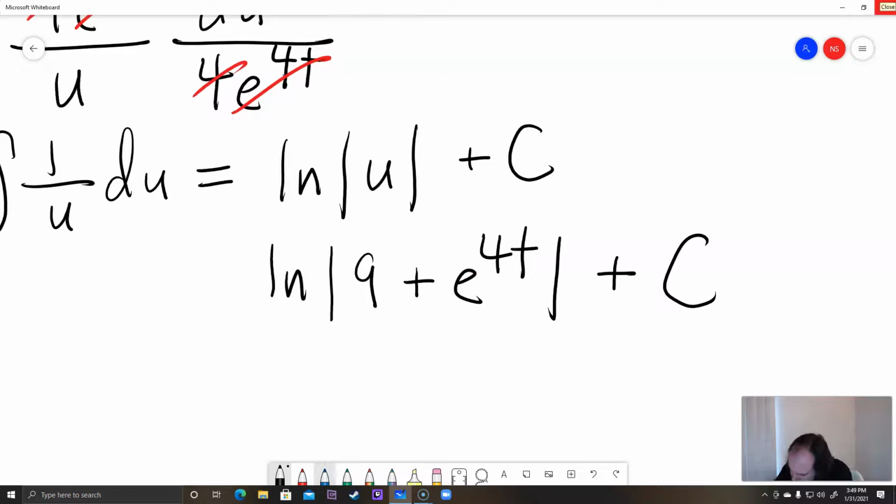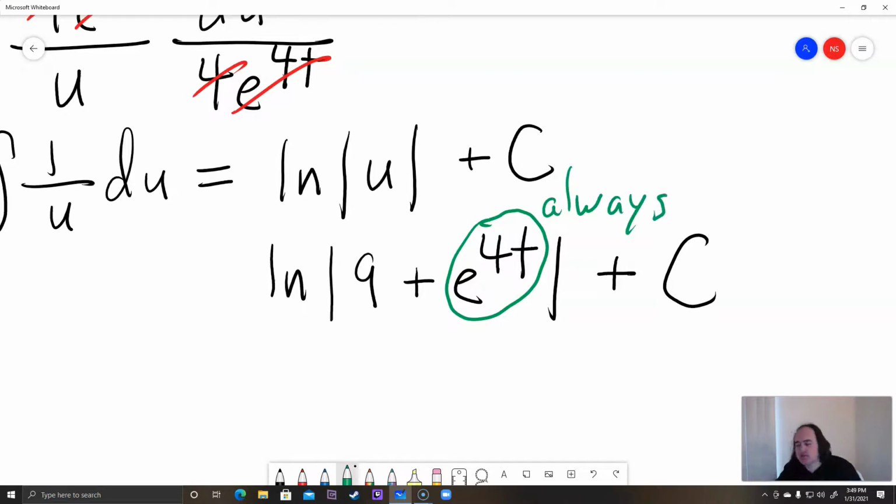So this e to the 4t, because it has a positive constant in front of it, is always positive. I mean, I guess it could get close to 0, but it never actually reaches 0 because it's exponential growth. So this is always greater than or equal to 0.